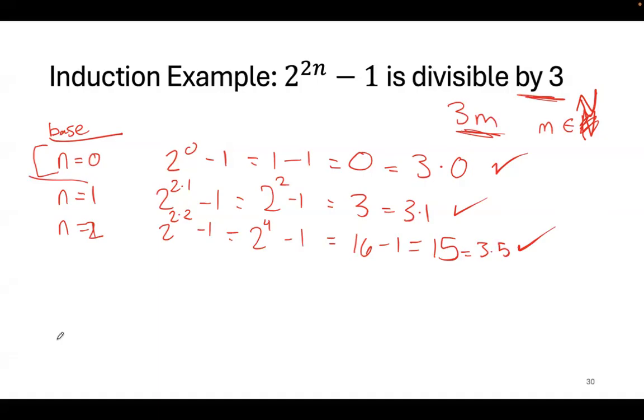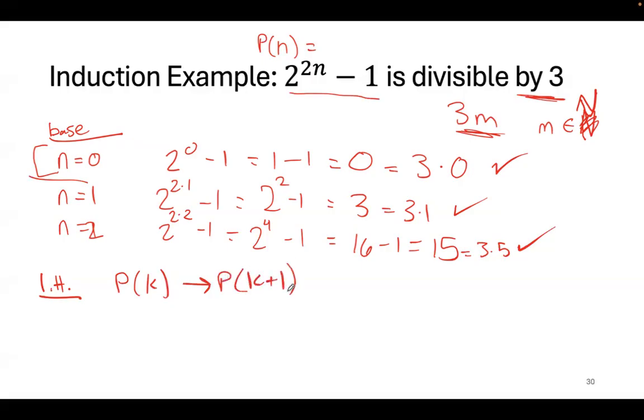Now comes the induction hypothesis. Let's call this, I don't know, P for premise, P of n. So we want to show that P of k implies P of k plus 1.